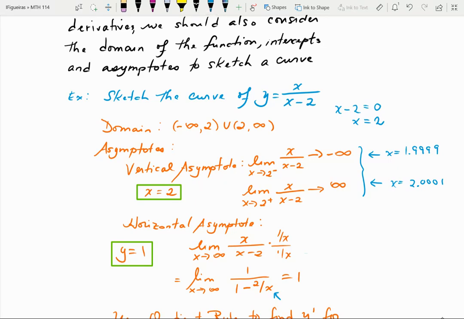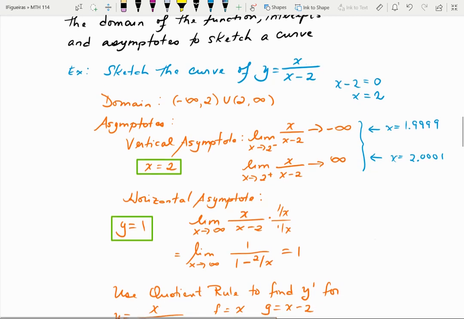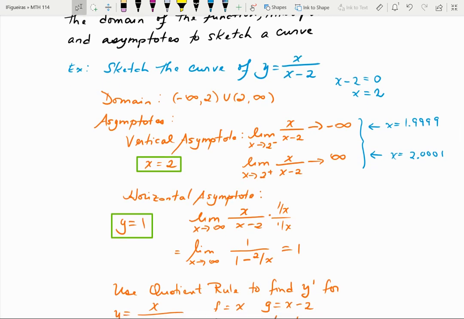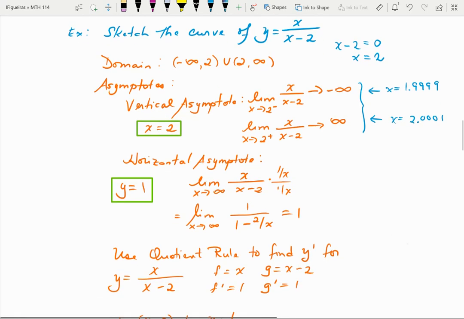When you get a finite answer, when you're taking the limit as x approaches plus or minus infinity, that finite answer, which is 1, becomes your horizontal asymptote. So y equal to 1 is the horizontal asymptote. You would get the same result if you took the limit as x approaches negative infinity, so we don't need to do the same work twice.